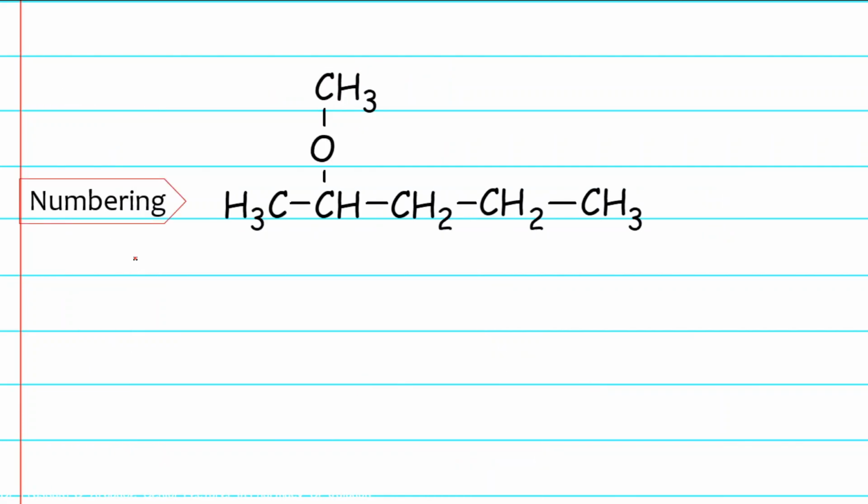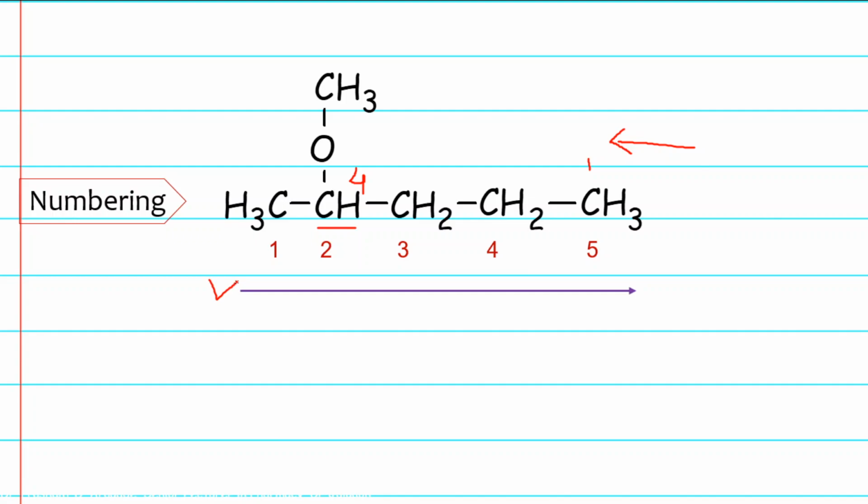Now you have to give the numbering. If you number from right to left, then numbering starting from this end is 1, 2, 3 and 4. So the fourth number is given to the carbon atom on which the oxygen is attached. And if you number from left to right, then the second number is given to the carbon atom on which oxygen is attached. So as the rule says, you have to give the numbering in such a way that the substituent carrying carbon atom, or in case of ether, the oxygen attached carbon atom, must possess the lowest possible number.